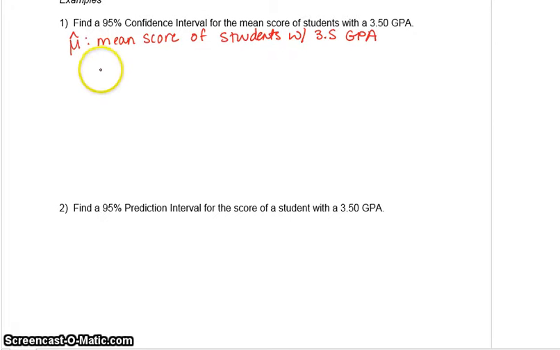So the formula we want to use for this confidence interval is y hat plus or minus t star times the standard error for mu hat.